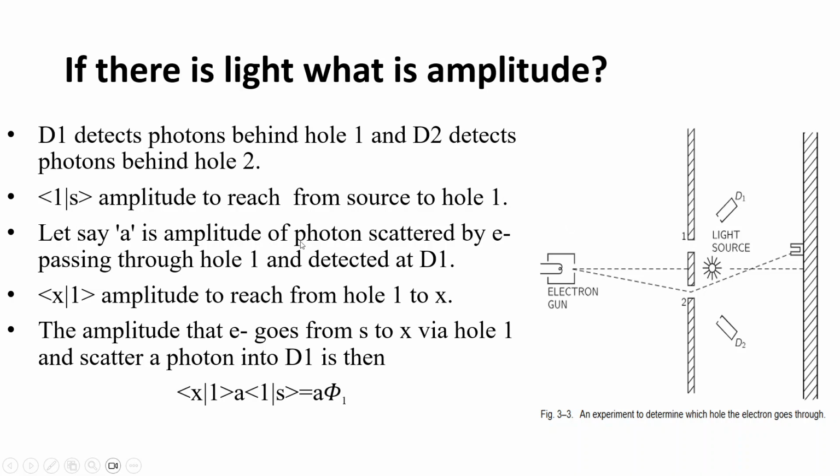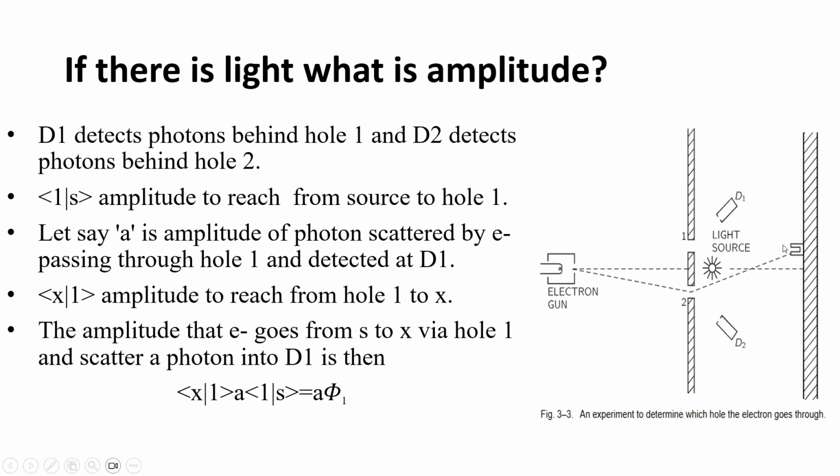Now let's say A is the amplitude of a photon scattered by an electron passing through hole 1 and detected at D1. So if our particle is detected by this photon and it is scattered to D1, we can give the amplitude by A. Now for the next case, in this Dirac notation, x1 is the amplitude to reach from hole 1 to x.